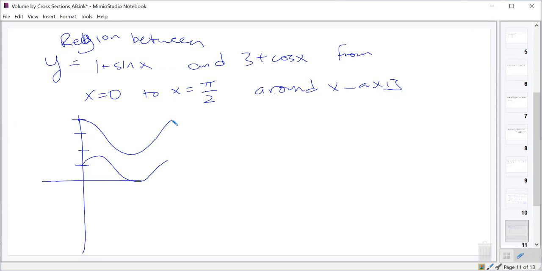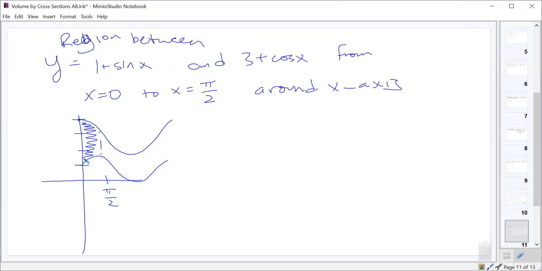Which one is above the other one? Cosine is always above the other one. So from 0 to pi over 2, we're talking about this region right here. We are going to do the outer radius squared minus the inner radius squared.